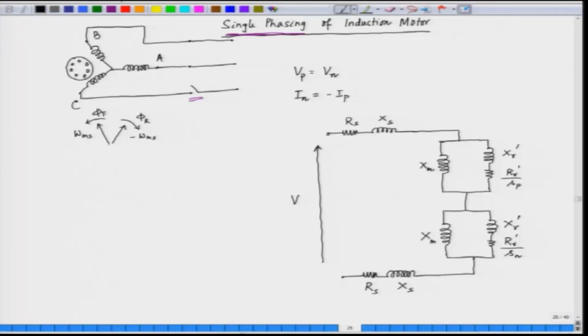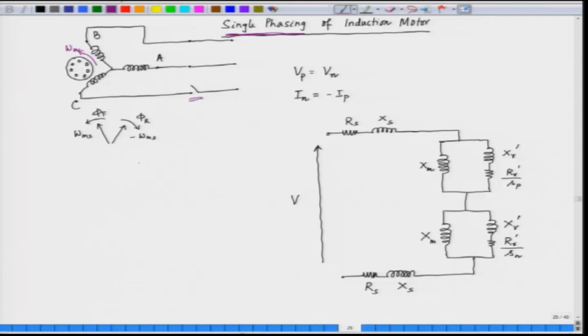The rotor is rotating, let us say, in the forward direction, at omega m. So, we can calculate two slips, one for the forward field or the positive sequence field, and the other for the negative sequence field or the reverse flux.